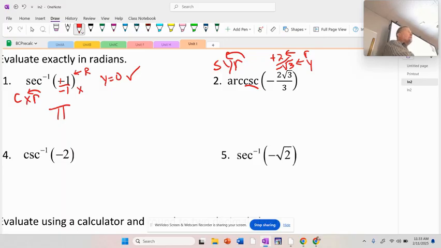Is it 30 or 60? Who is opposite root 3, 30 or 60? I want you to throw this quote at me if you don't know that: 1, root 3, 2. Root 3 is the second largest side. The second largest angle is 60. So this is a 60, and then I have to do my rules. This is a 60 in quadrant 3 or 4, but the rules tell me I have to do 4. So if you don't have them memorized, if you don't recognize them and can't just pop the answer out of your head, this is the recovery.